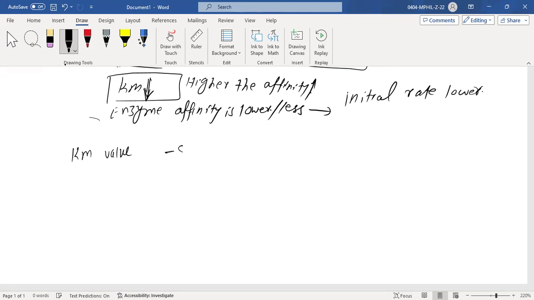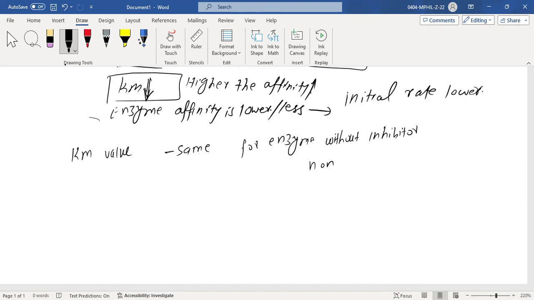It would be the same for an enzyme without inhibitor, and also for non-competitive inhibitors, because we have to study these as well.